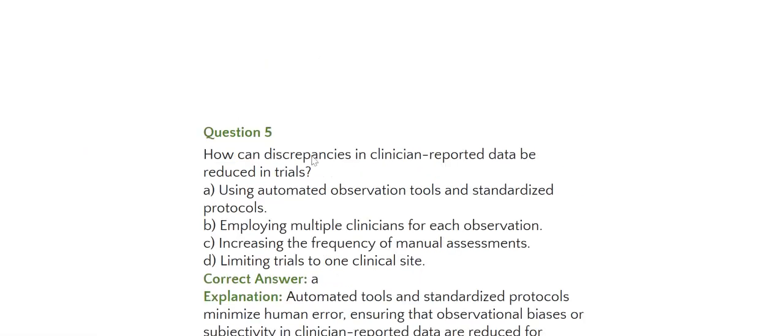Question 5. How can discrepancies in clinician-reported data be reduced in trials? A. Using automated observation tools and standardized protocols. B. Employing multiple clinicians for each observation. C. Increasing the frequency of manual assessments. Or D. Limiting trials to one clinical site.